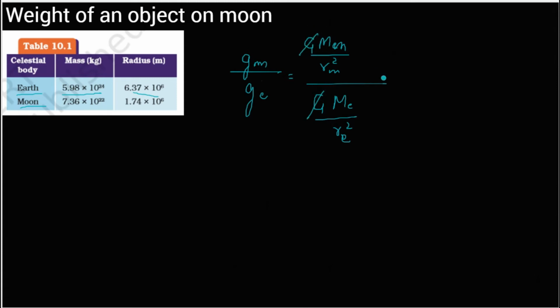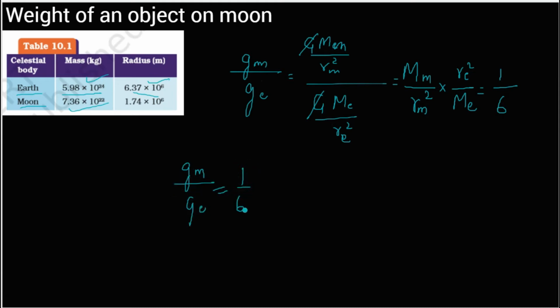G will cancel because it is universal, so you will write G M upon R_M square into R_E square upon M_E. So you put the mass of the earth and radius, all that is a huge calculation, and your value will come 1/6, meaning g_M upon g_E is equal to 1/6.